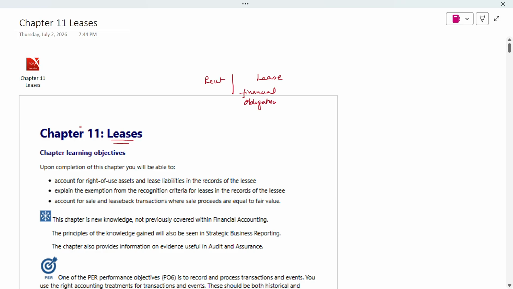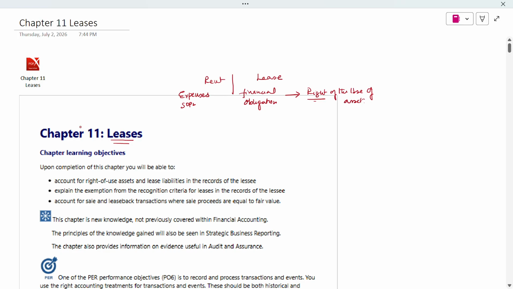But the most important difference is that here you have the concept of the right of use of an asset. In the case of rent, we are going to treat it only as a rent expense, only in the income statement or profit and loss account.